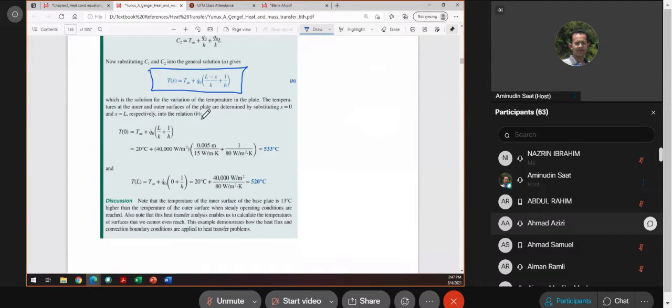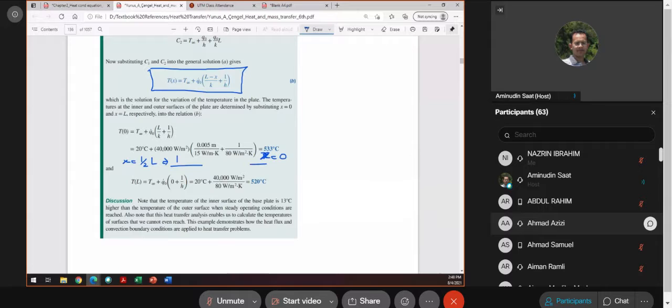Any questions? With this you can solve the equation if you want to find T at x equals 0. If you want to find T at x equals half of the thickness, then you can find the value.